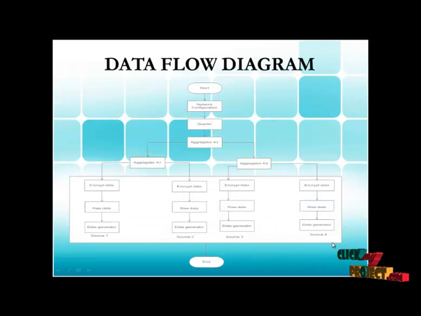Data flow diagram for data aggregation. We start our project, then go into network configuration. Network configuration is based upon sensor nodes, cluster head, and base station. Then data is generated at source 1, source 2, source 3, and source 4 in the sensor nodes. After data is generated, we have raw data in every source node. Then that raw data is encrypted based upon public and private keys.